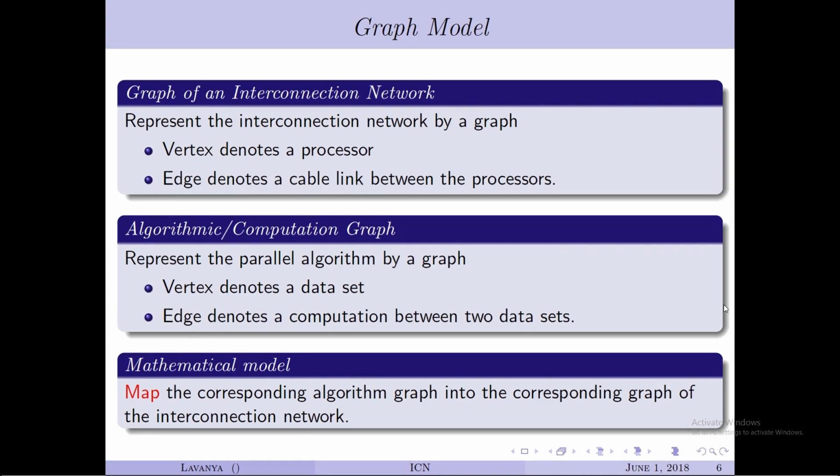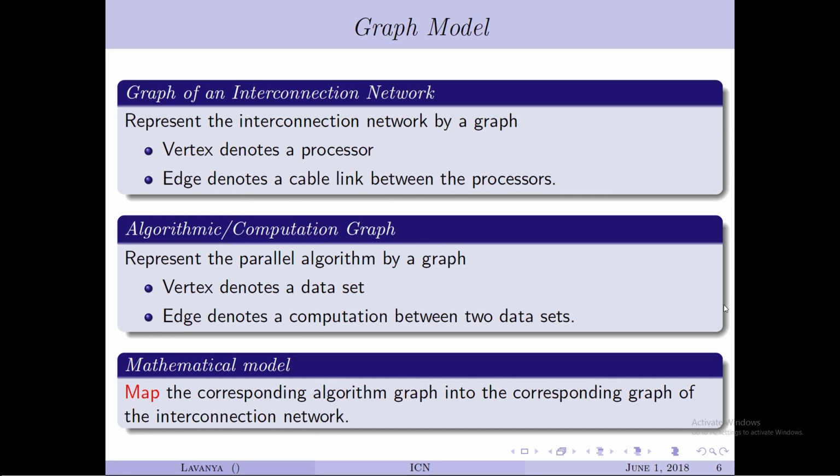How the communications are going to happen if my data gets split, how it gets connected back, and how I get the final output. This whole process is what we call the computation graph or algorithmic graph. So, the problem of running the algorithm on the computer is nothing but finding a mapping of the nodes of this algorithmic graph to the nodes of my processors.